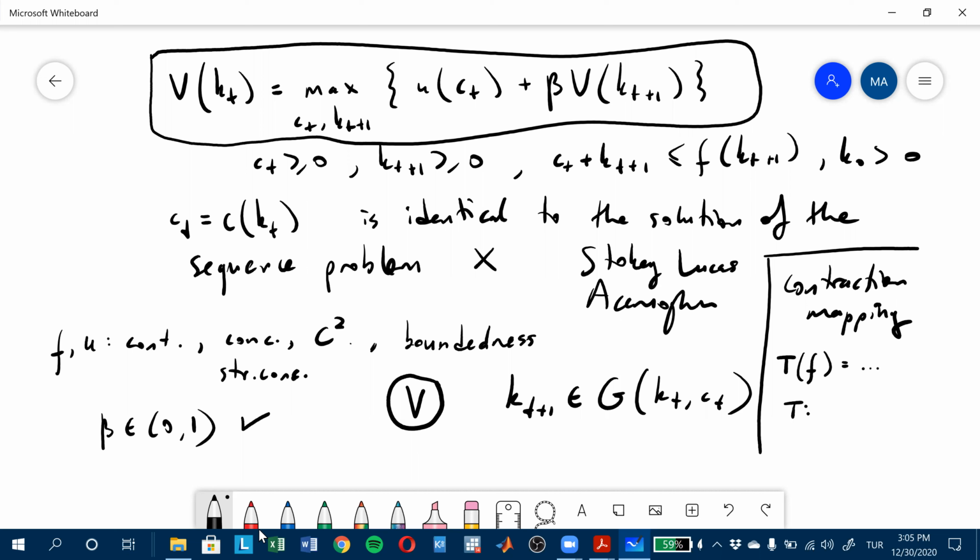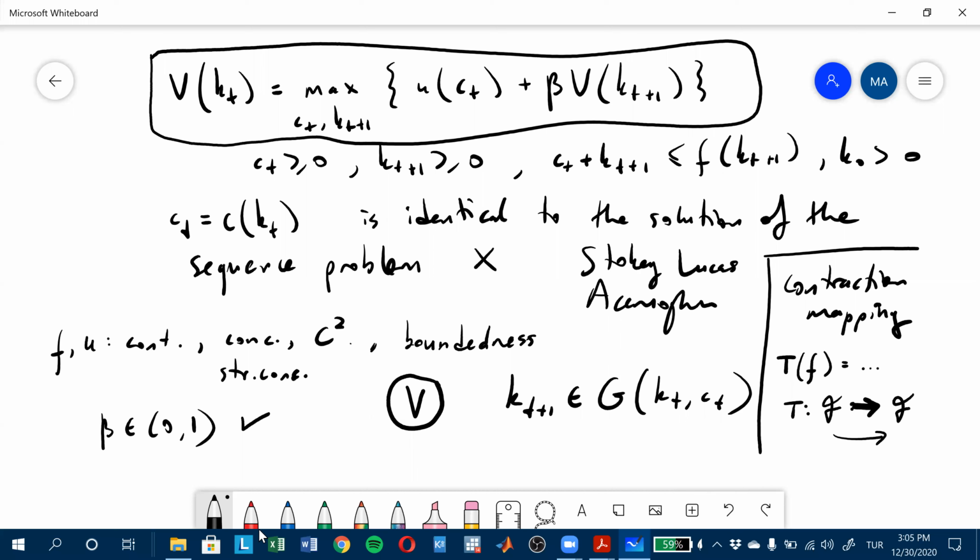T is a mapping in the space of functions. Let's denote them in this way, for instance. This is a space of functions. So T takes a function f and gives you another function in the same space, okay? We want this mapping to be a contraction mapping.